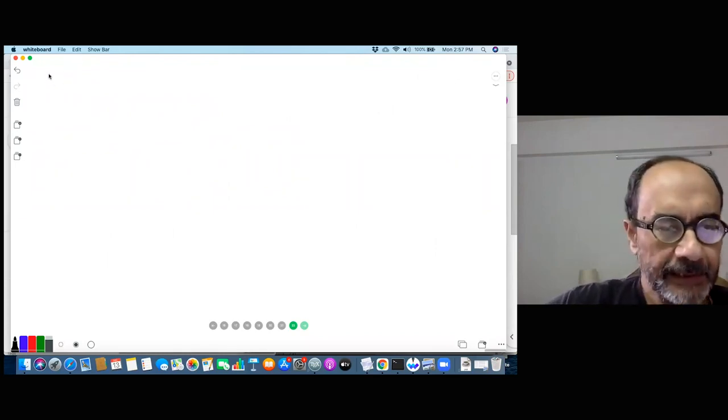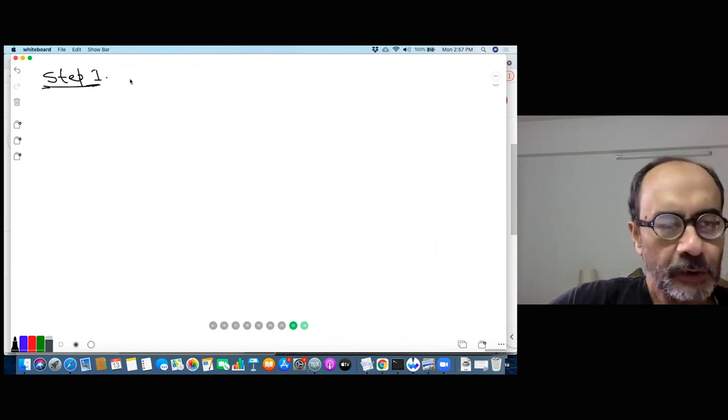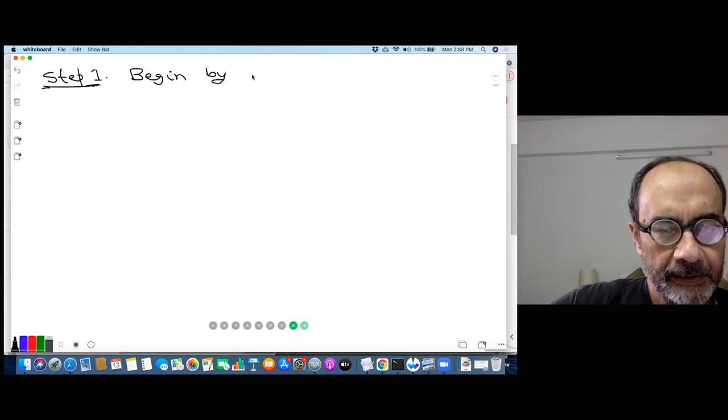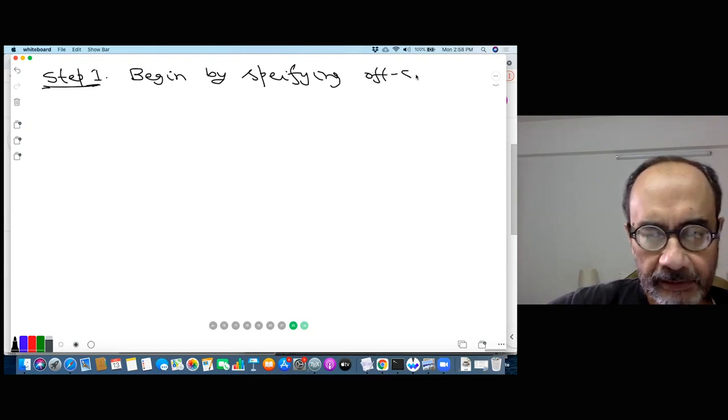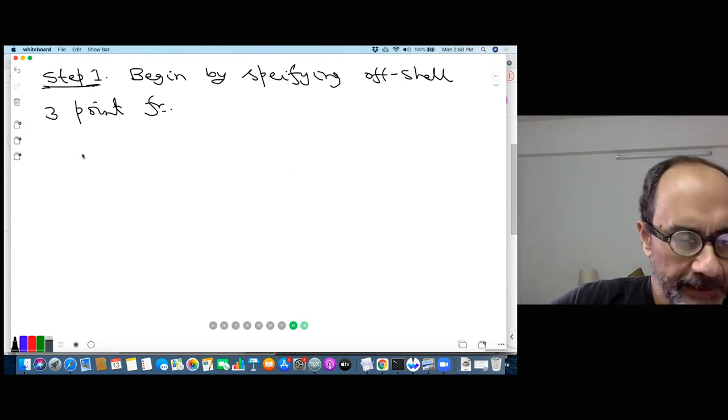Okay, so let me then begin with step 1. We'll see how far we can go today, and then may have to complete it next time. So step 1 is that we begin by specifying the off-shell 3-point function. Now, the 3-point function is associated with the genus 0 3-punctured sphere.